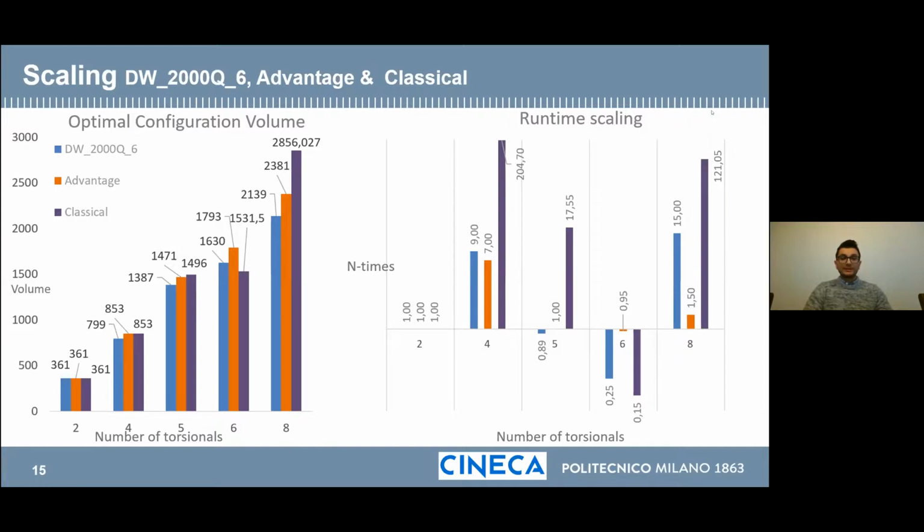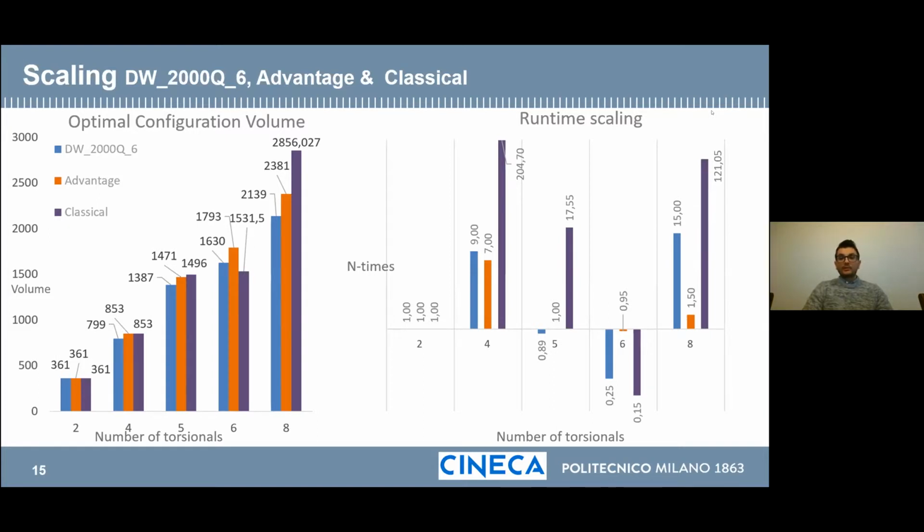In this case, the classical methods are just some naive enumerative inspection of the solution space, with a mix also in some cases, when it was computationally challenging, with some greedy variant of the enumerative solution. So we can see that Advantage, as we expected, is better in terms of quality or volume with respect to the D-Wave 2000Q.